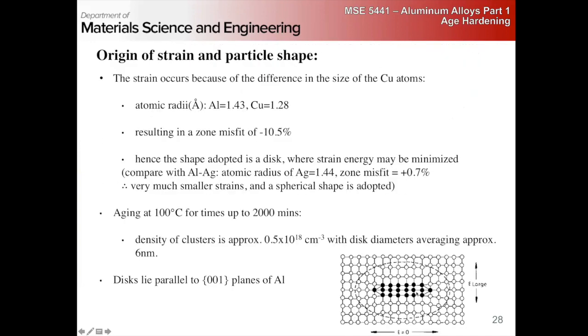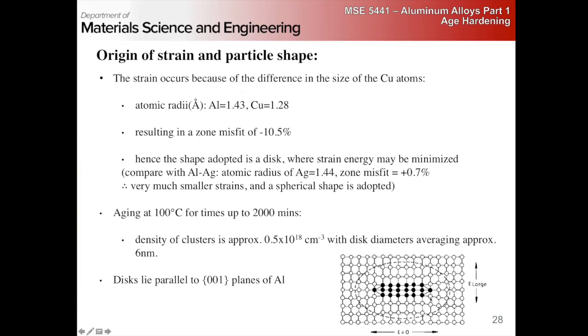Why do GP zones take the shape they do? And why are they different shapes in different systems? It's all about the elastic strain and the coherence. If we're more uniform in size and in elastic compliance, such as aluminum magnesium versus aluminum copper, we'll get round GP zones because we're altering our balance between surface energy and elastic strain.